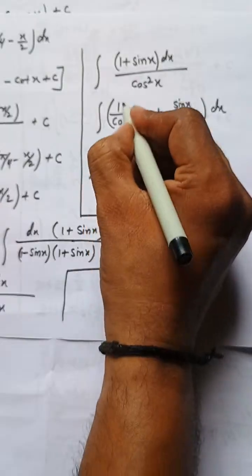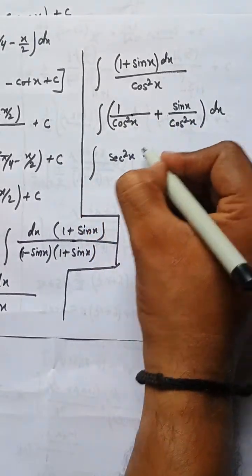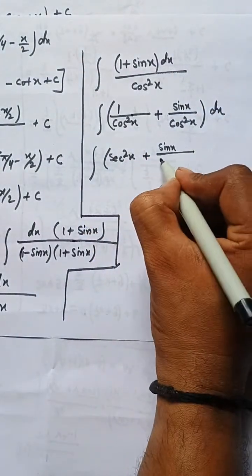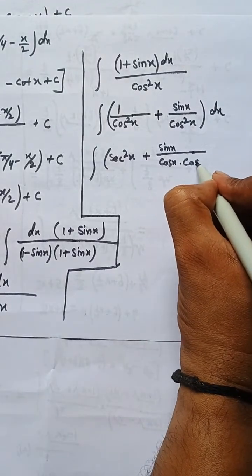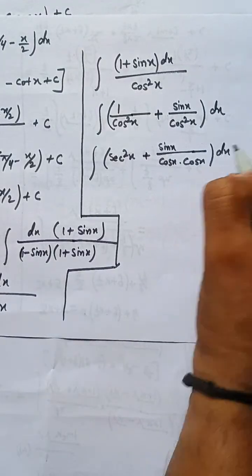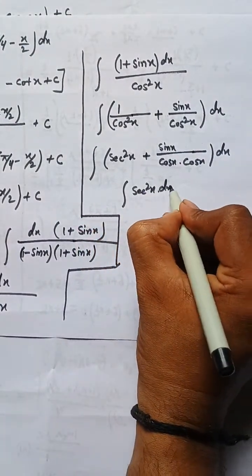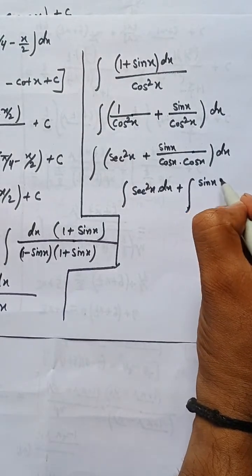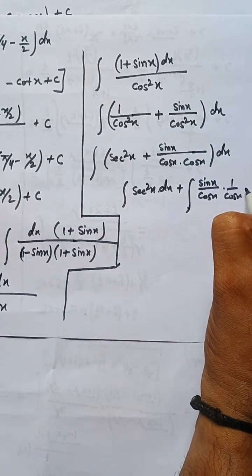So here it will be sec square x, and here we have sin x by cos x into cos x, then dx. So here integration sec square x dx plus integration sin x by cos x into 1 upon cos x dx plus c.